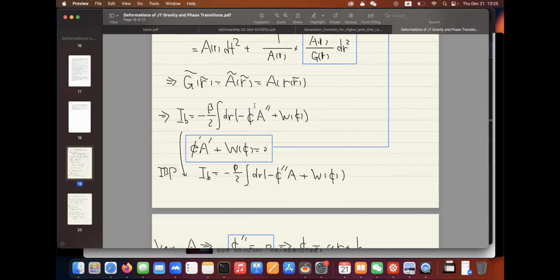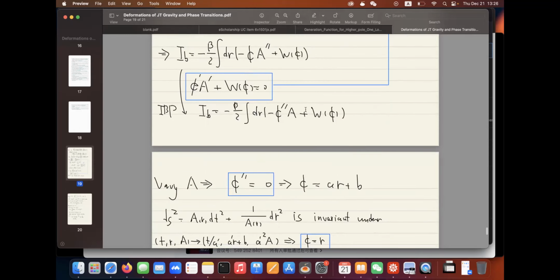Then for this action, we can do IBP so that the second derivative on a can be moved onto phi. So it is like this. Then it's quite easy to vary a. Then you get that the second derivative of the phi field is equal to 0, since phi is just a dilaton field.